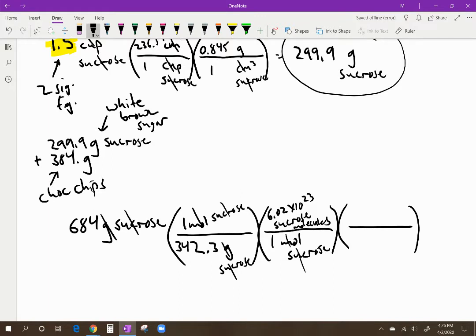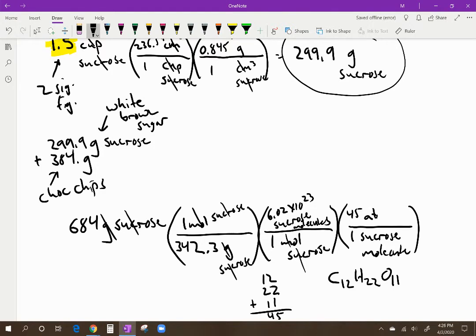And then finally, every 1 sucrose molecule, which is C12H22O11, would be 45 atoms because 12 plus 22 plus 11 is 45, right? So 45 atoms of those 3 types per every molecule. So sucrose molecules goes away.